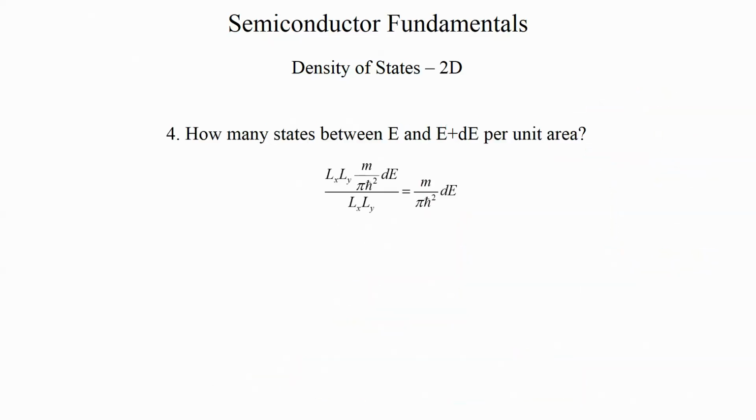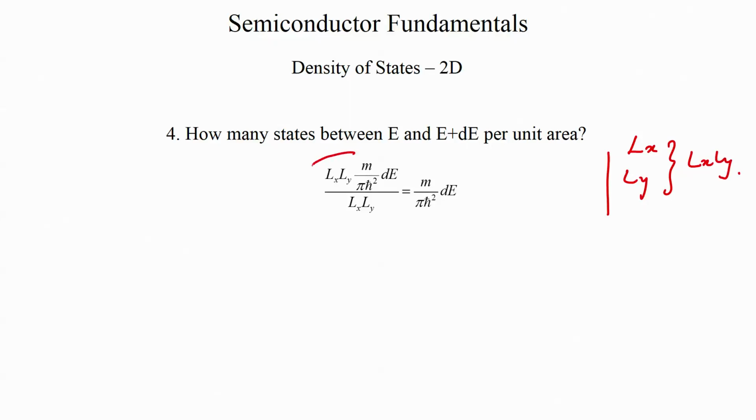Now the next question is obviously how many states between E and E plus dE per unit area. We are now looking at a 2D box with dimensions Lx and Ly, and therefore the area is simply the product, Lx Ly.